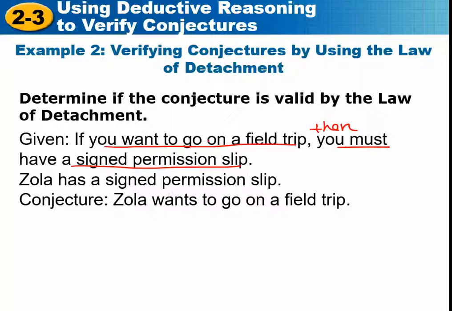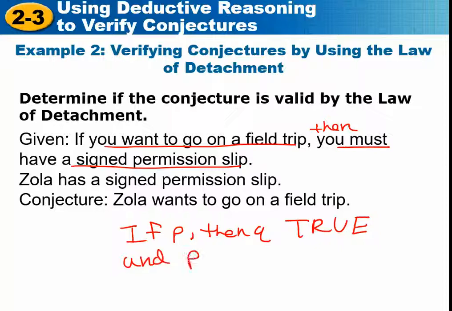So again, it's supposed to be if P, then Q. If this is a true sentence, and we're going to assume that these are mostly true unless they tell you they're not, and if the first part is true, then you can assume the last part is true. All right, so let's see.